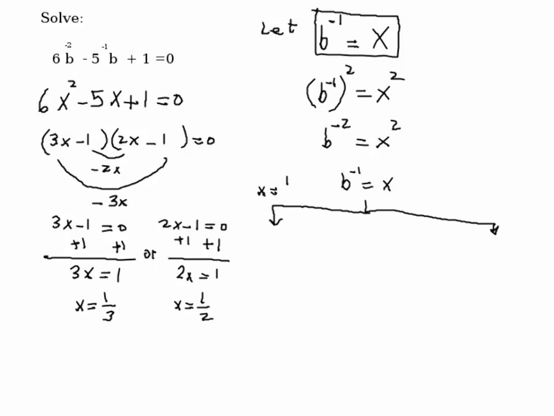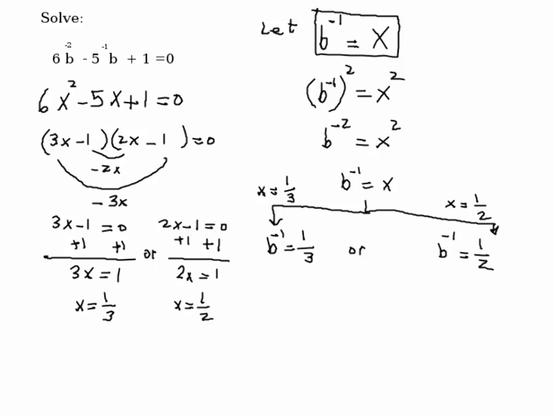We found x is equal to 1/3. We also found x is equal to 1/2. So if I substitute this here, b to the power of minus 1 must be equal to 1/3, or b to the power of minus 1 must be equal to 1/2.